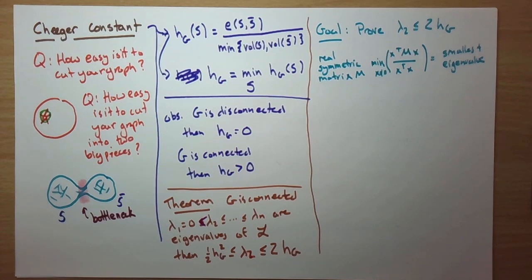Essentially what happens is you can say min, because if you think about the kind of optimization we're doing, when we say min over all x non-zero, because you can scale, you can assume the min over all x with norm of x equals 1. That means that you're optimizing over an n-dimensional sphere, which is closed and compact.